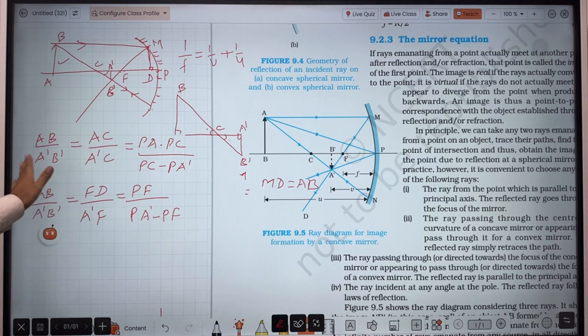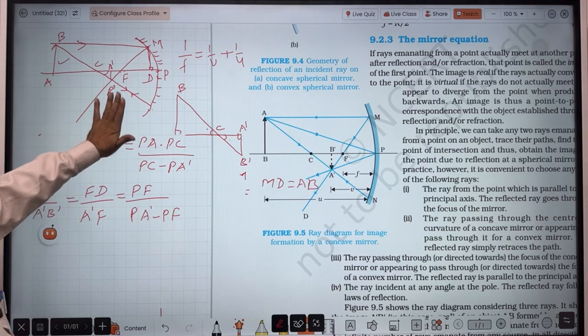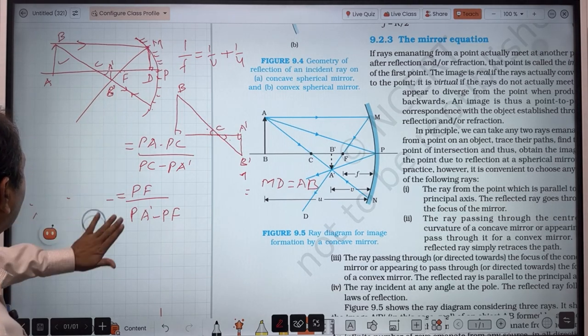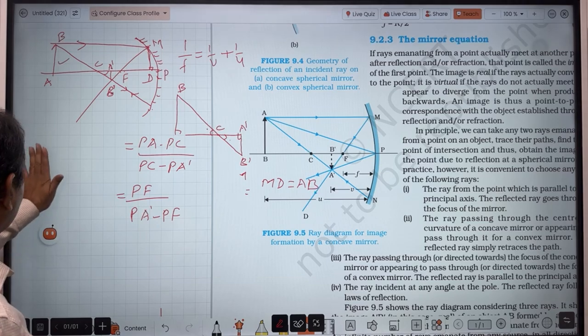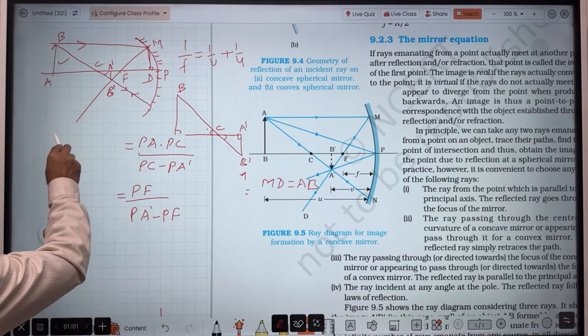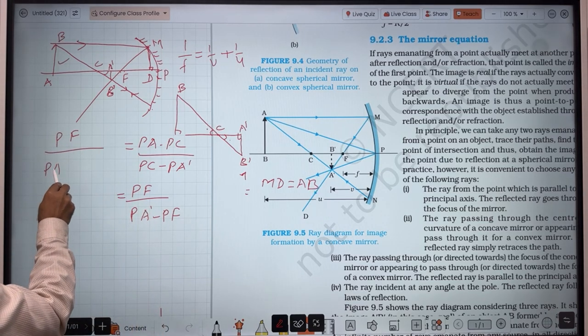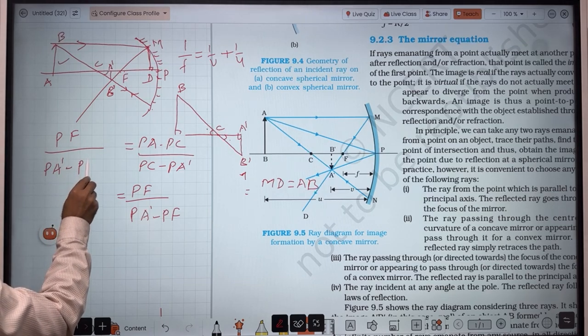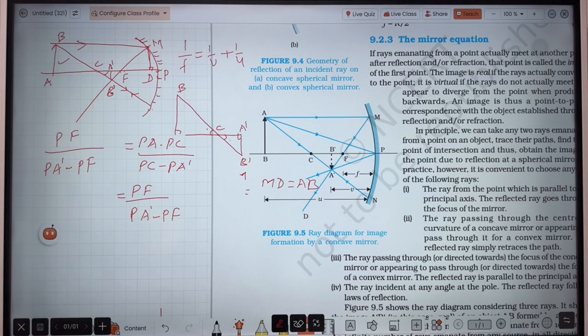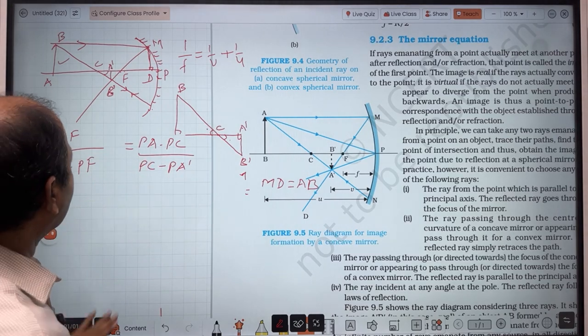Right. And then we can equate the two because the LHS is the same, AB upon A dash B dash. So when we equate, what do we get? PF divided by PA dash minus PF.